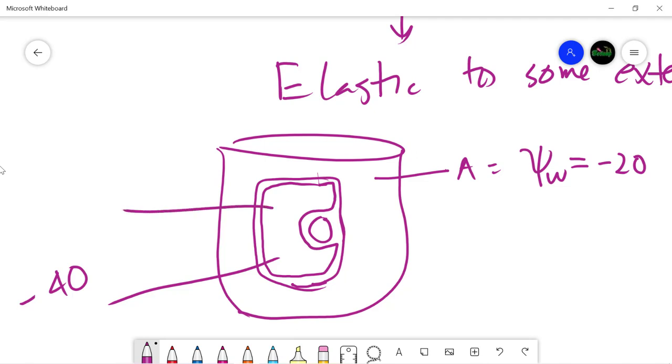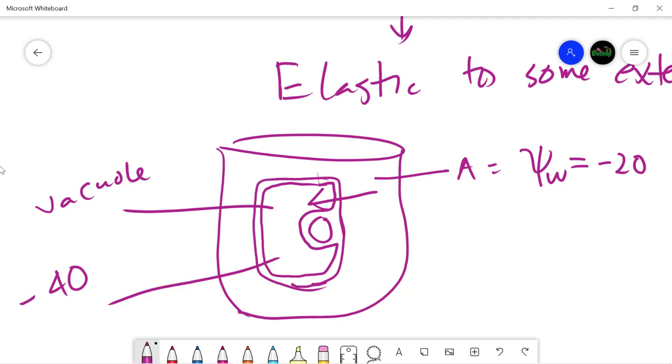Now this is the cell sap contained in the vacuole. So what happens? Water will enter from the beaker, crossing the cell membrane and the tonoplast, into the vacuole. What will happen? The cell will stretch.